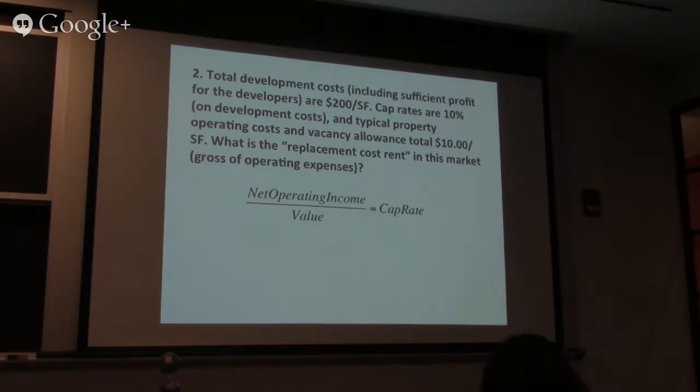What's catchy about this is that's your net, right? If this is a triple net building, that would be your answer. You'd be correct. But it's not. We're adding in expenses on top of this. So you come up with this 20, and you need to add in the operating cost and vacancy allowance, which is given to you at 10, which gives you a total of 30.